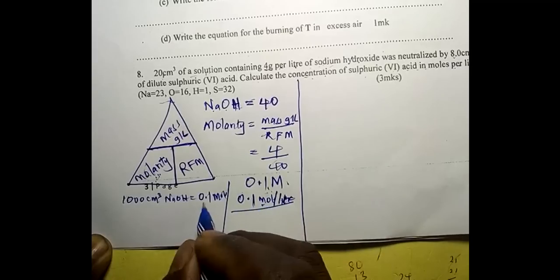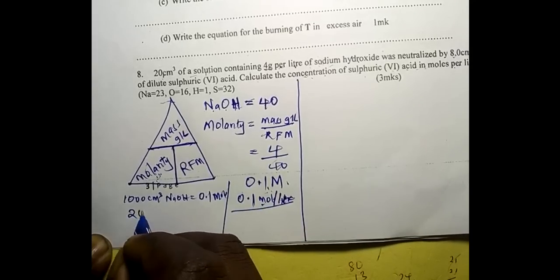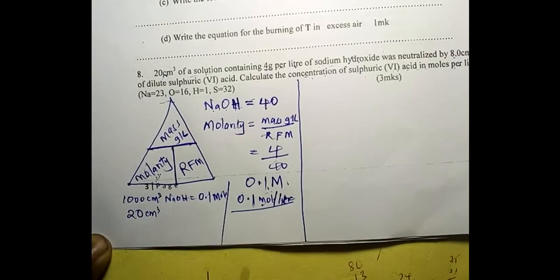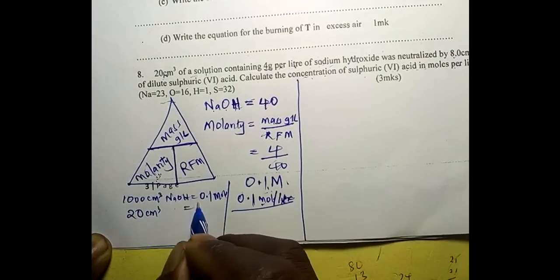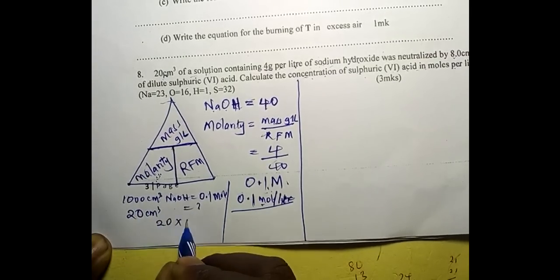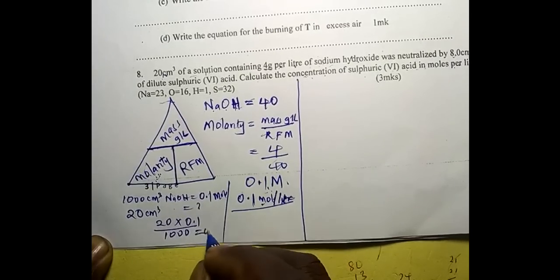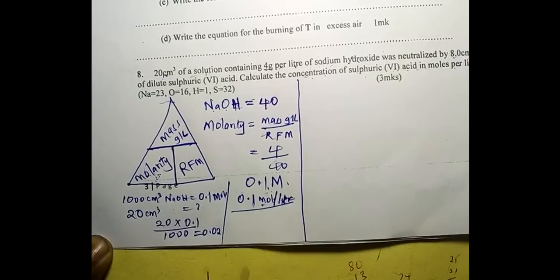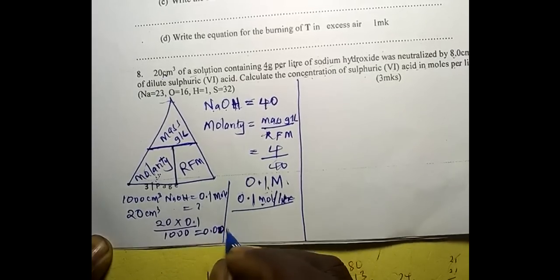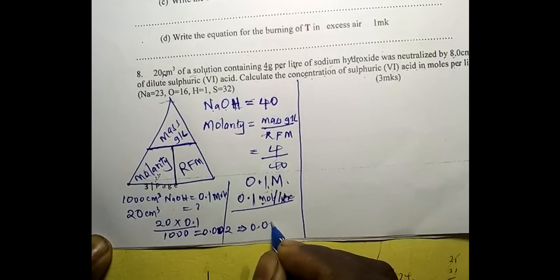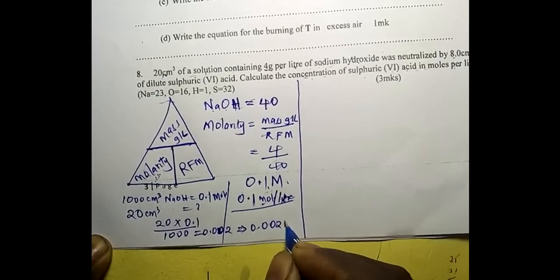What about 20? This volume of sodium hydroxide, the one that reacted, will contain how many moles? So that is 20 times 0.1, we divide by 1,000, and that gives us 0.002 moles.